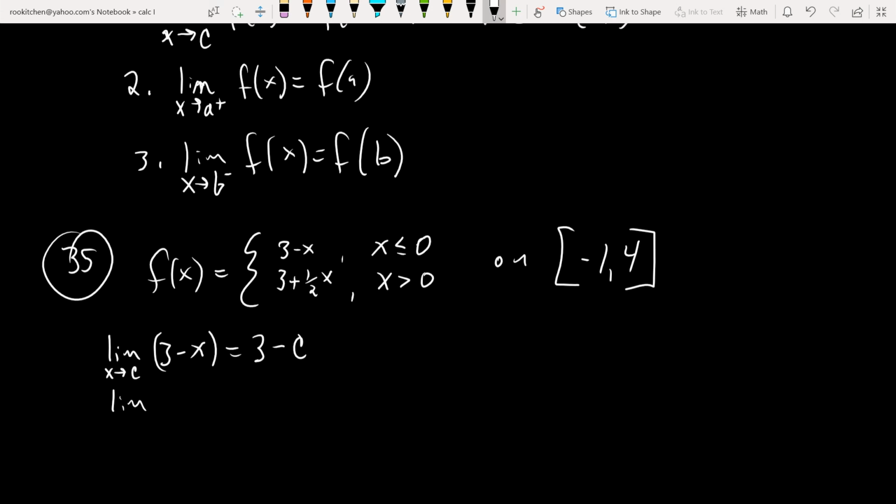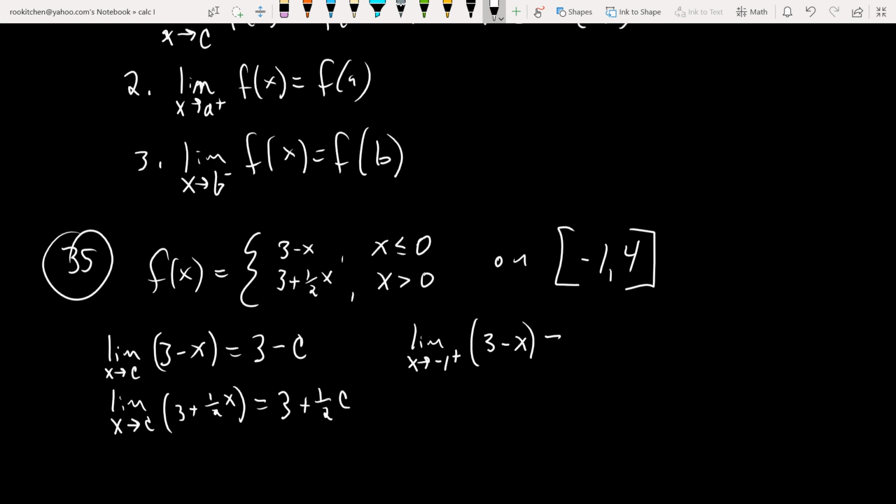And I mean, we can even extend that to the endpoints. There's no reason to think that we wouldn't be able to work out the endpoints. I'll show you though, just in case you're skeptical. At the endpoints, I have to make sure that as x approaches -1 from the right, x is less than 0, so the piece we're working with is 3 minus x.